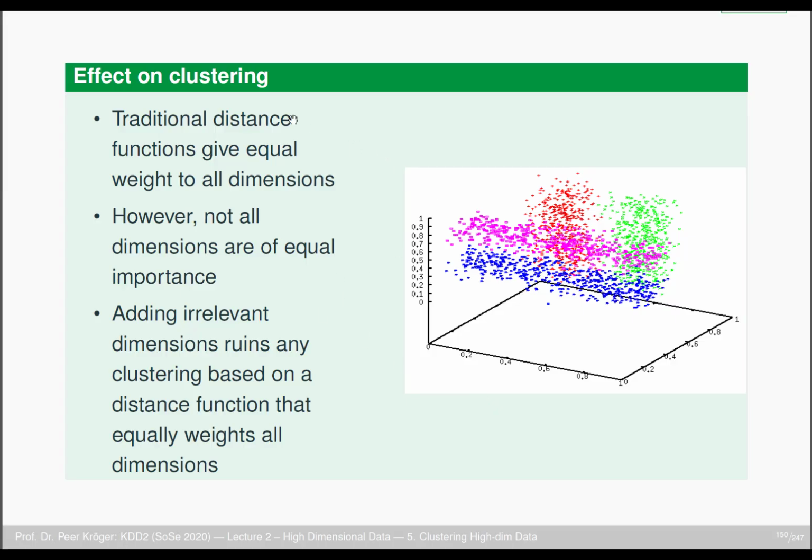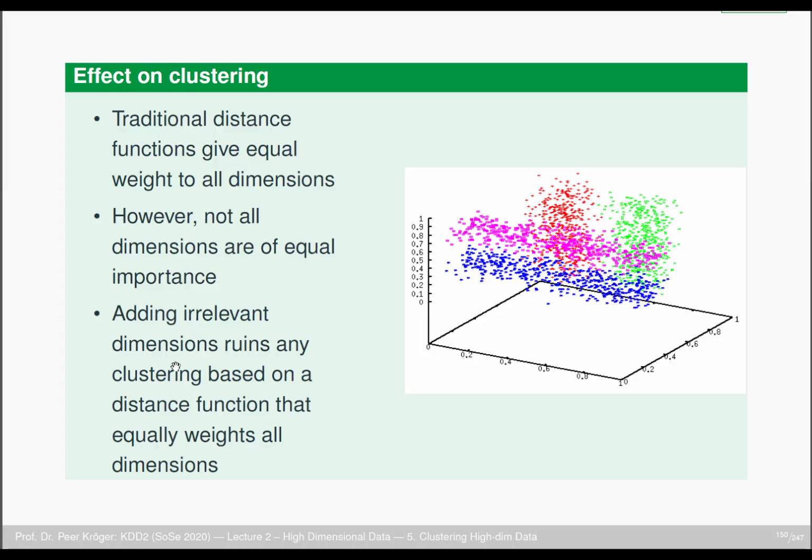So what is the effect of the curse of dimensionality on clustering? Well, we know that if we have a lot of irrelevant attributes, then the traditional distance functions give equal weights to all dimensions. That means that the irrelevant attributes, if we have too many of them, just have a bias and they overrule the relevant ones and somehow mask the patterns, because not all dimensions are of equal importance, but we give equal weight to all the dimensions.